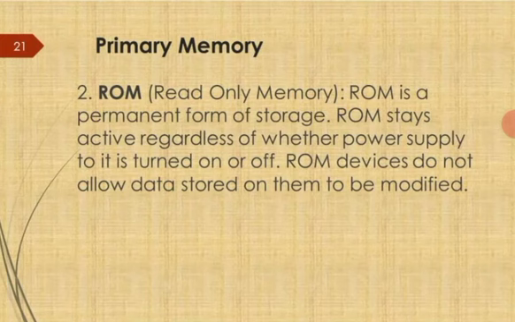RAM stores data temporarily. Any data in a RAM is volatile. So it means whenever the power supply to the computer is disabled, the information in a RAM is lost, while a ROM is permanent.